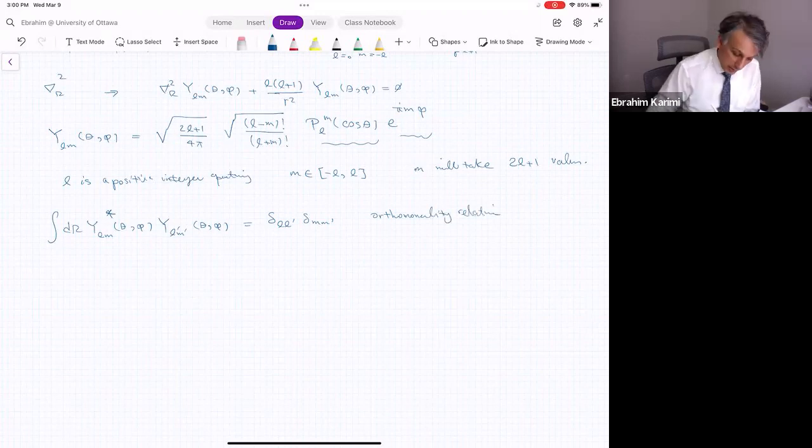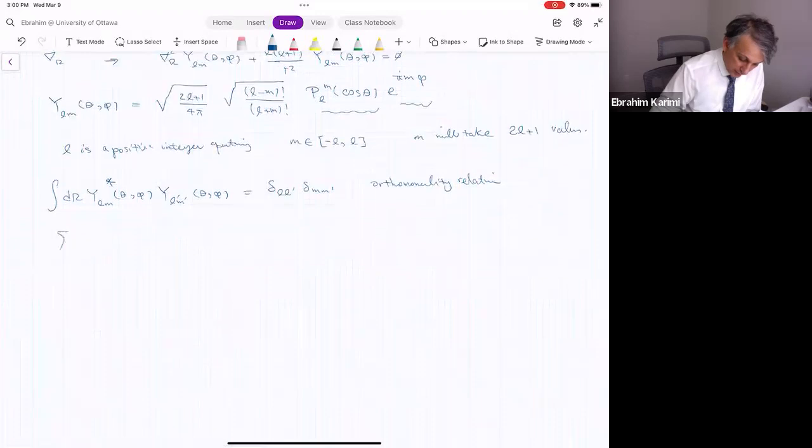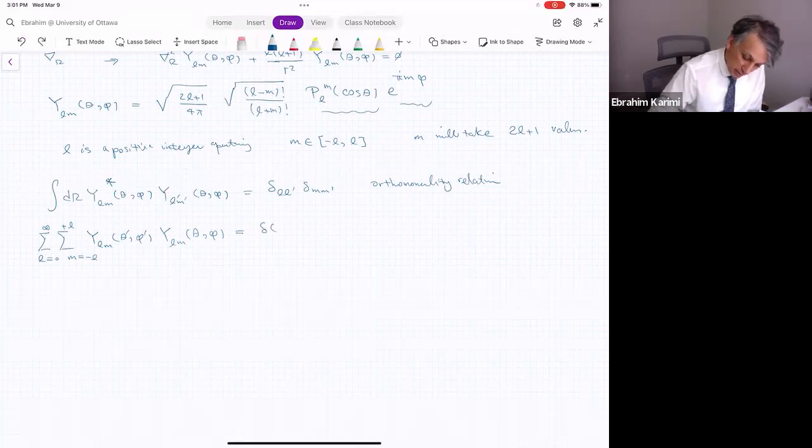Okay. And the completeness relationship comes from the fact that if you take the summation of Y_lm of theta prime and phi prime, Y_lm of theta and phi, where the summation is over any L changing from 0 to infinity and any M changing from -L to plus L, that will be given by delta of phi minus phi prime, and delta of cosine of theta minus cosine of theta prime.